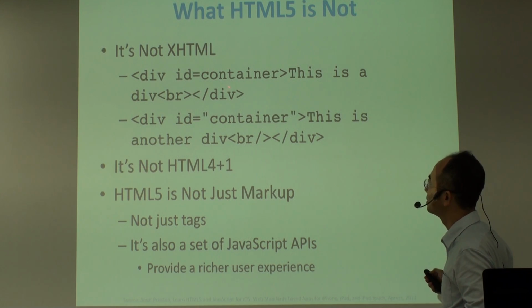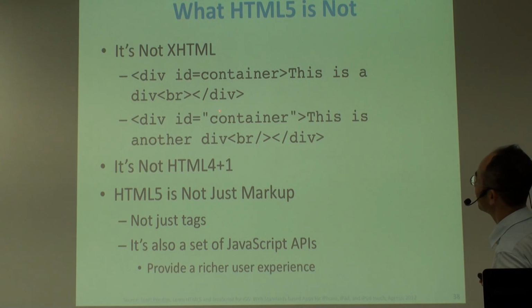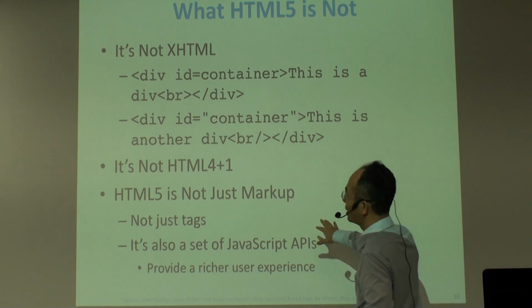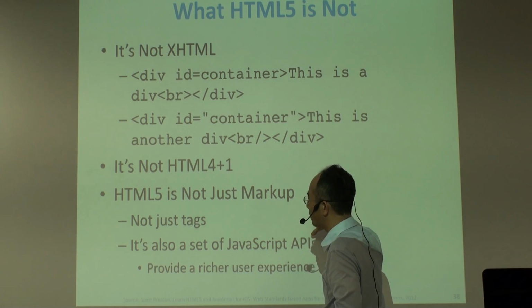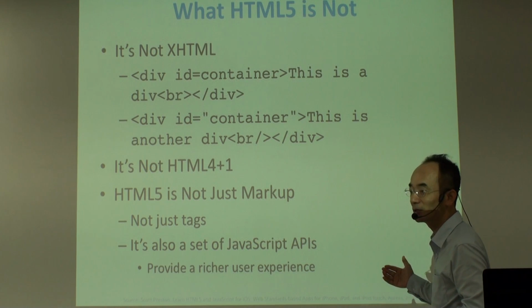It looks like this. For example, this is a div, and this is another div, because this is ID containers, and it's not HTML4 plus 1. HTML5 is not just markup, not just text. It's also a set of JavaScript APIs.